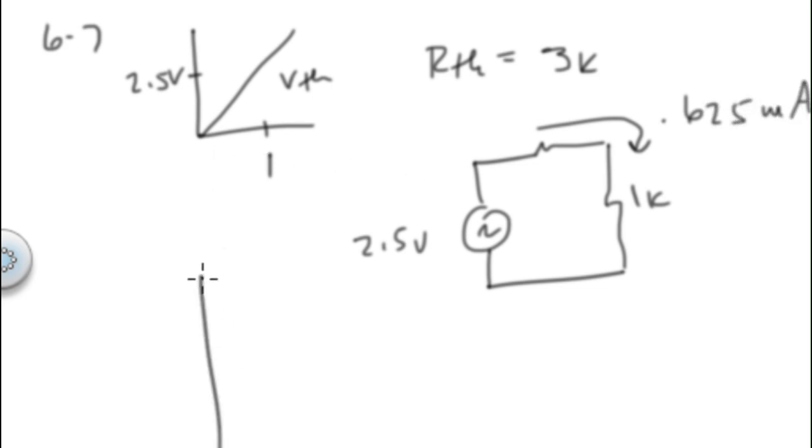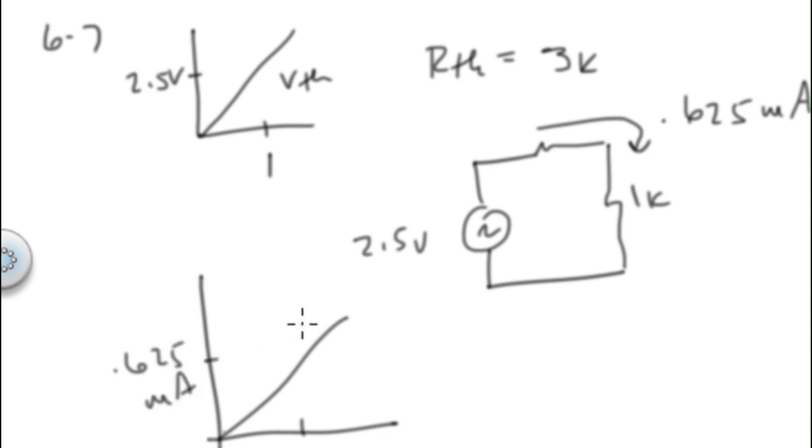So we would have a graph of at 1 second, it would be 0.625 milliamps, and then at 2 seconds it would be double that, and 3, etc. So that would be the answer to 6-7.